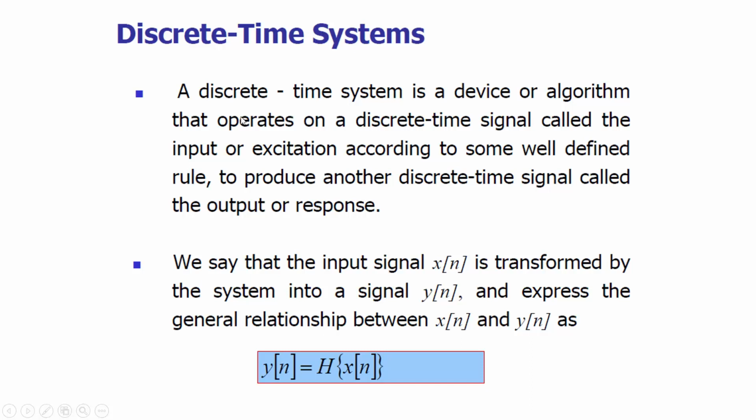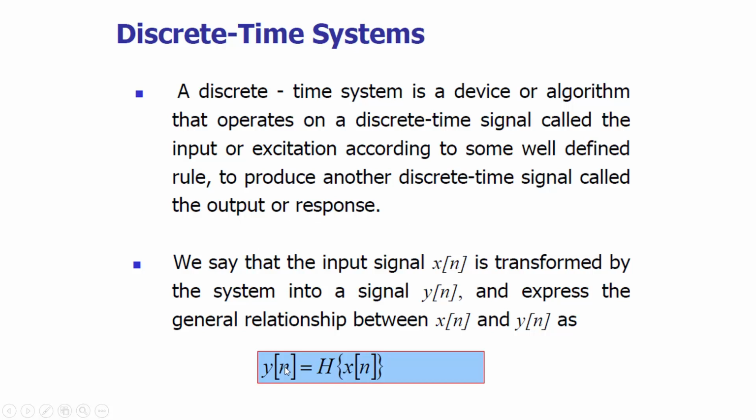What is a discrete system? A discrete time system is a device or algorithm that operates on a discrete time signal, called the input or excitation, according to some well-defined rule to produce another discrete time signal called the output or the response. So the input is also known as the excitation, that is, with what kind of pulse the system is excited, and the output is called the response of the system.